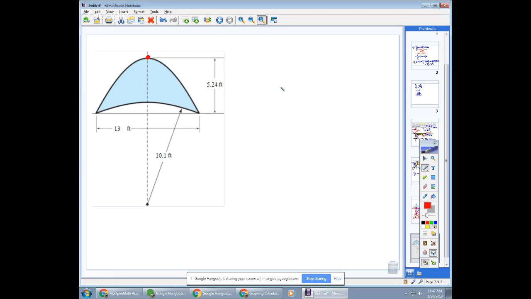What's the vertex here? 0, comma 5.24, because I'm assuming this is the y-axis and that's the x-axis. We know two other points on it. This right here should be the point 6.5, comma 0, and another one would be negative 6.5. And it turns out that's enough information to find the equation of a parabola.